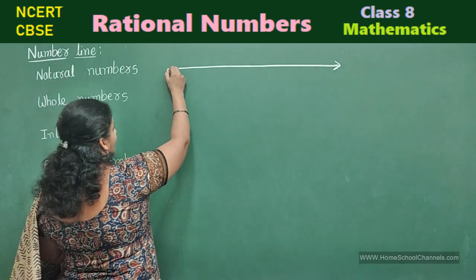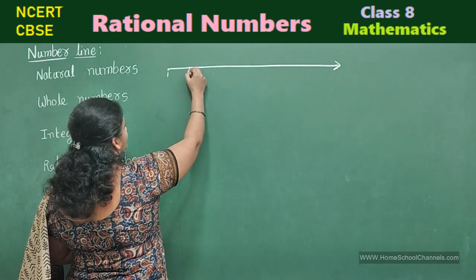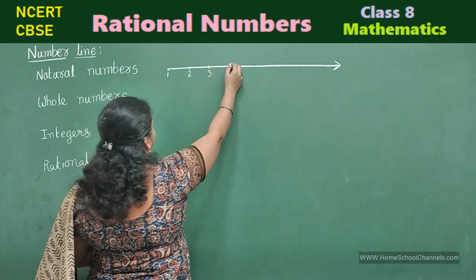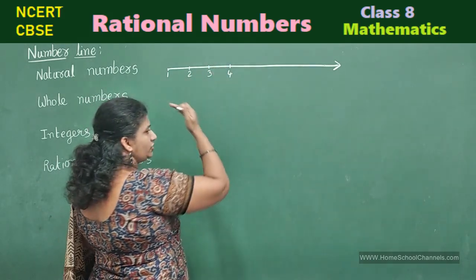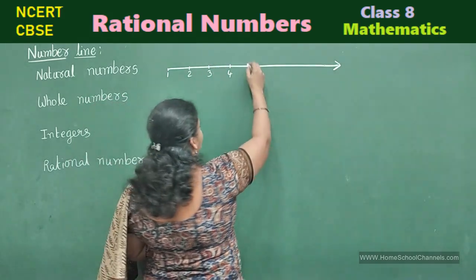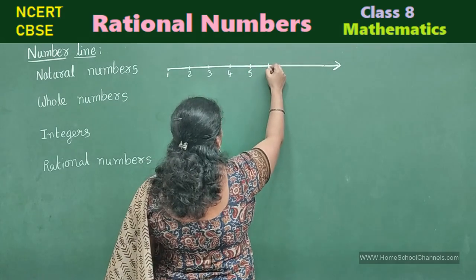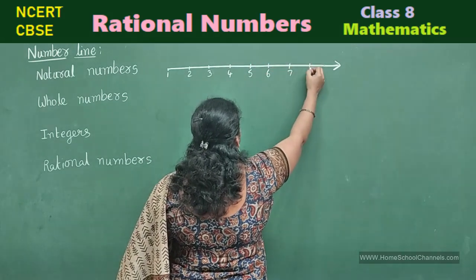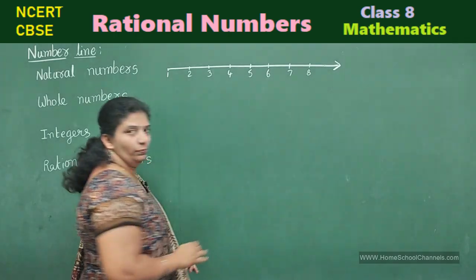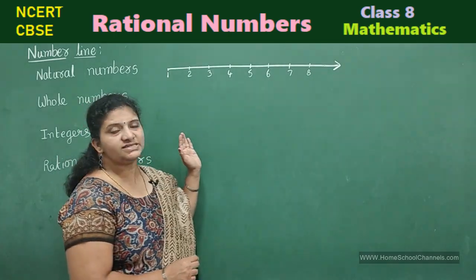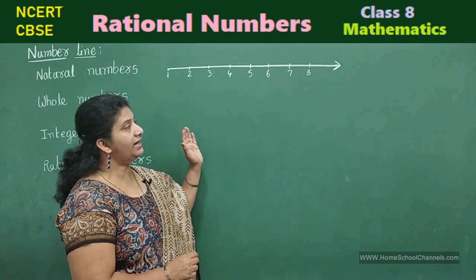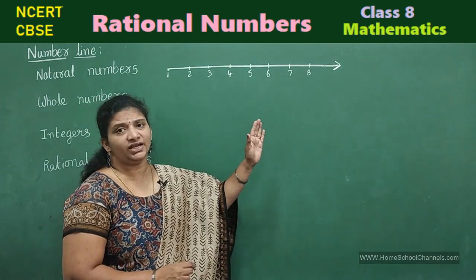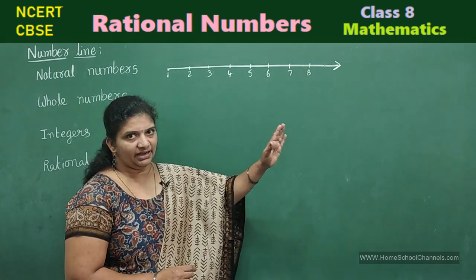Let me start from 1, 2, 3, 4. See here towards right side, numbers I am writing towards right side. Where it ends? Don't know. Number line starts from 1 and it extends indefinitely towards right side.